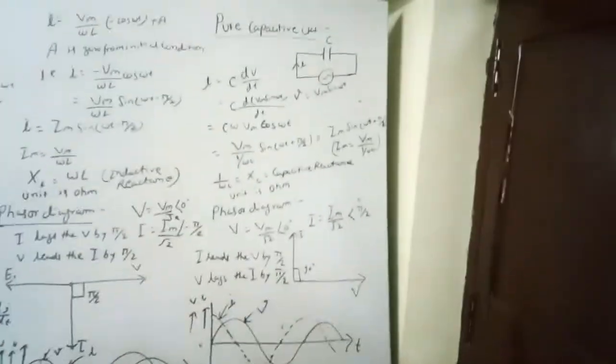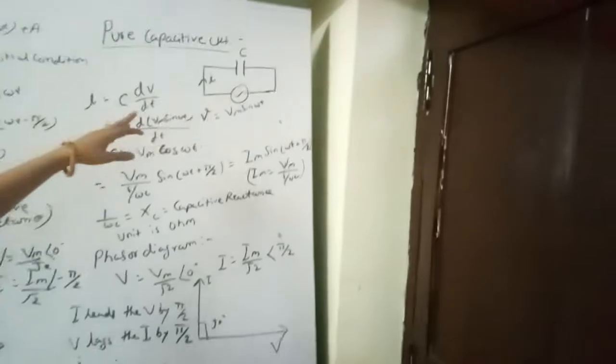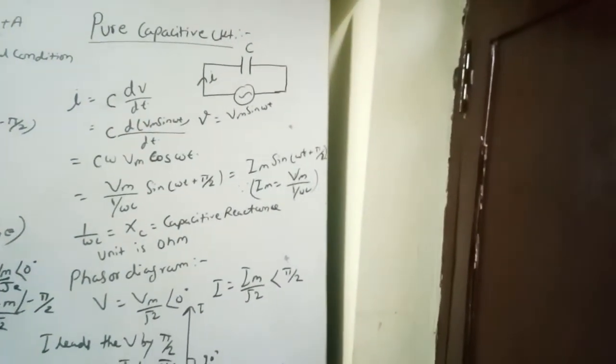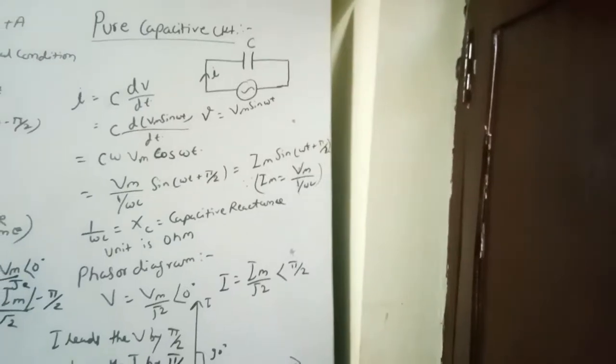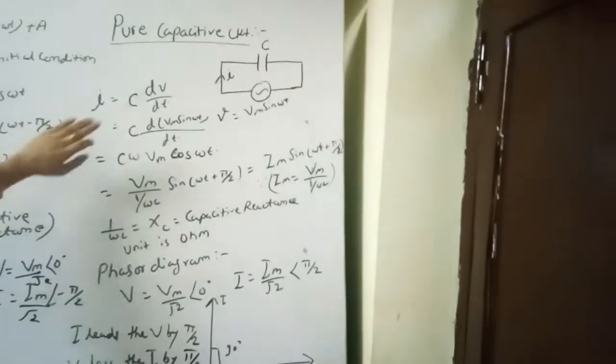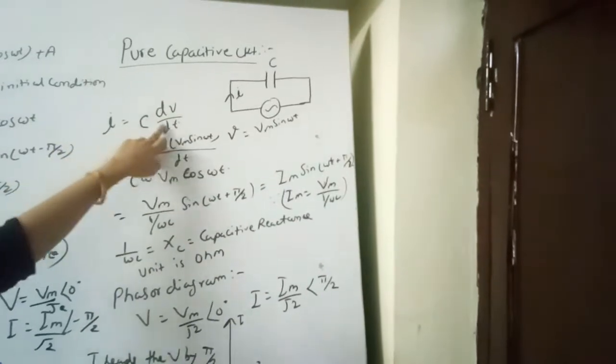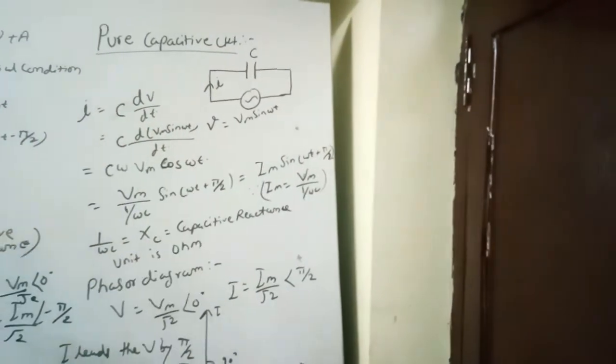Now for the pure capacitive circuit, here we see that a capacitance is connected with an AC source supply, and we can find the current I equals C dV by dt, as I have already told.